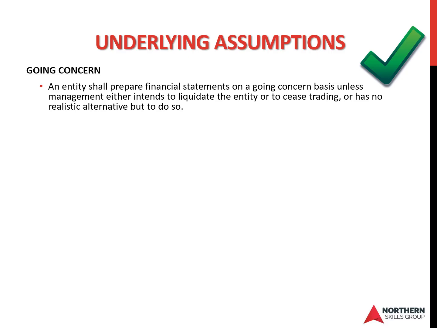If the business is unlikely to be able to continue in the future, then the going concern basis isn't appropriate, and assets should be shown at realizable value because the only future benefit, as I've said previously, is what you're going to get for selling them. So it's assumed that the going concern basis applies to a set of financial statements unless the statements indicate otherwise.